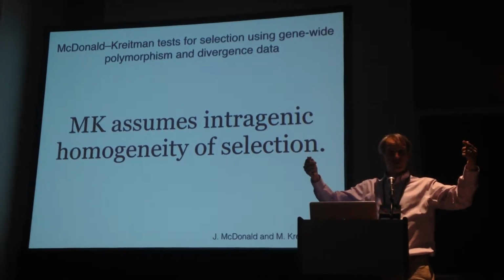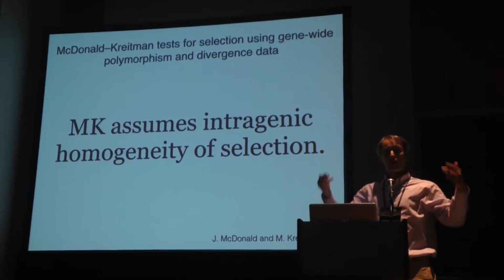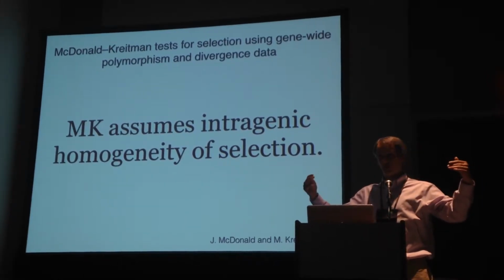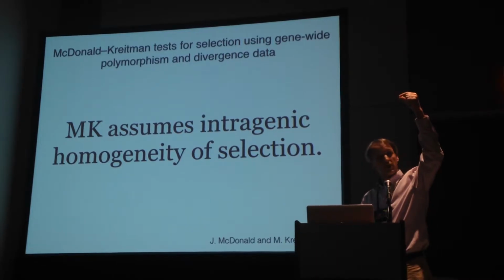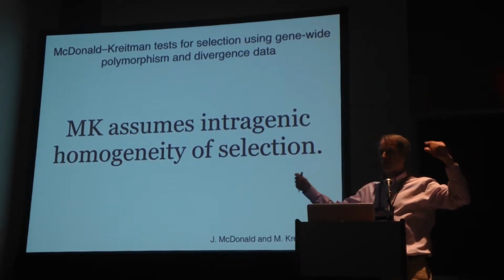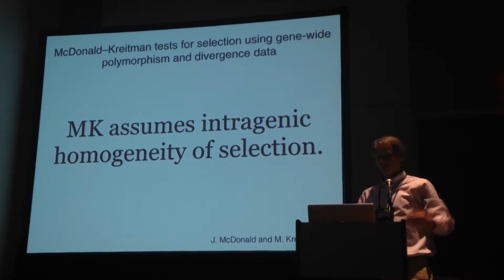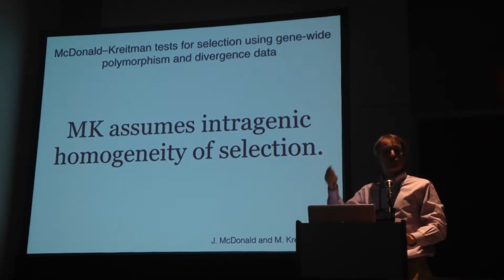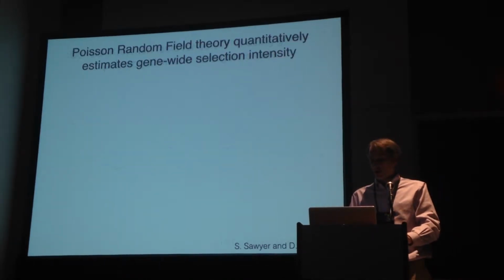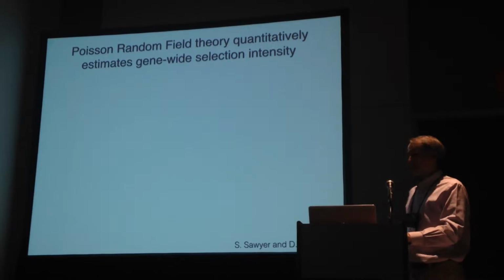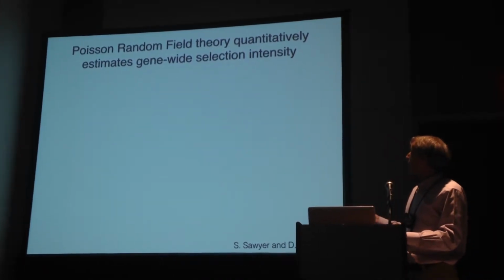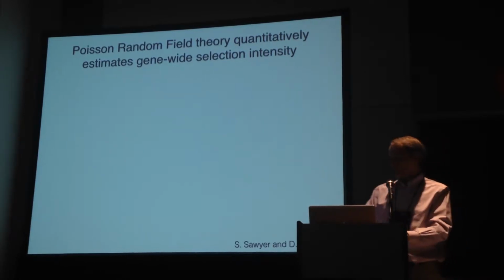Now, we know for most proteins that's extremely unrealistic, and what that's going to do generally is weaken the power of the McDonald-Kreitman test enormously, because if you have some sites under positive selection and some under negative selection, your overall signal will be diluted. So what we wanted to do was develop a method that would be more powerful than that. To do that, we're using the Poisson random field theory, which quantitatively estimates genome-wide selection intensity.